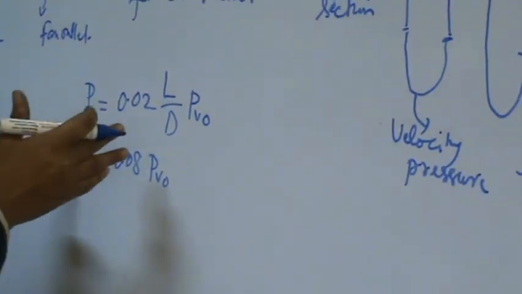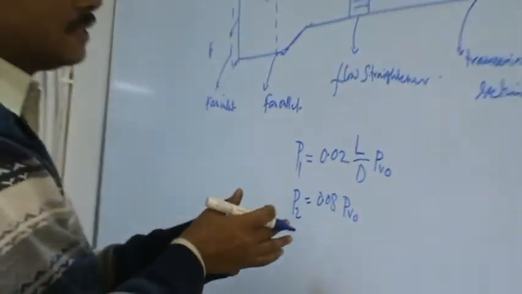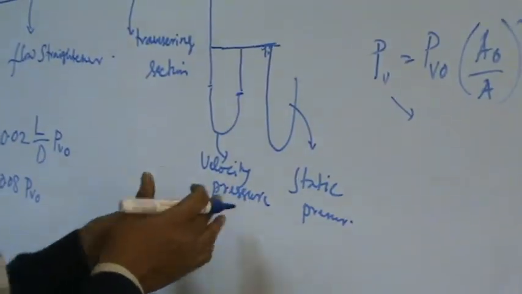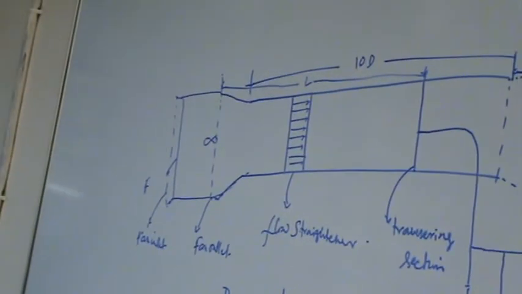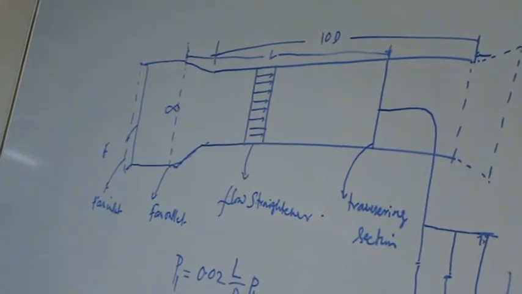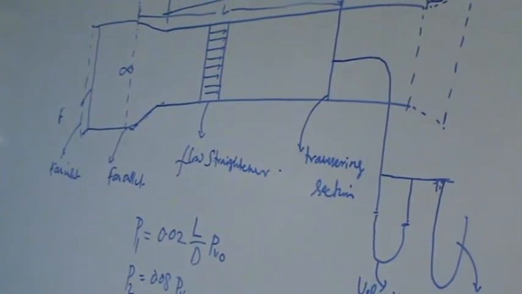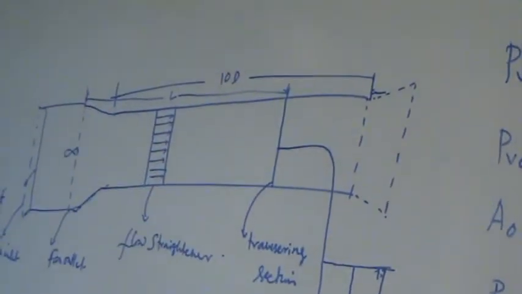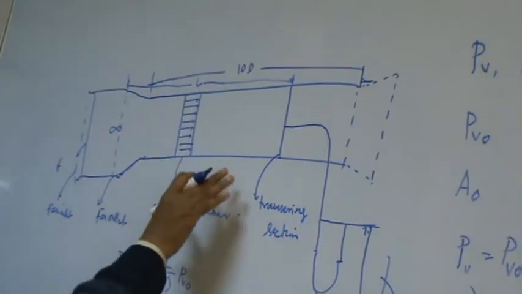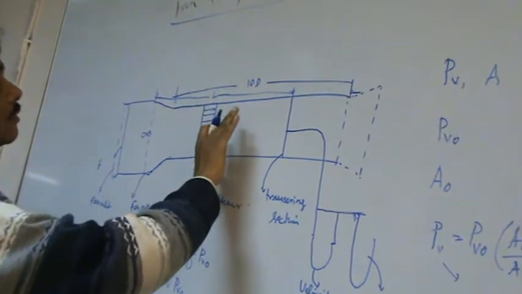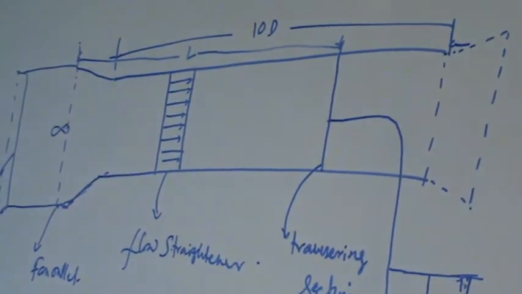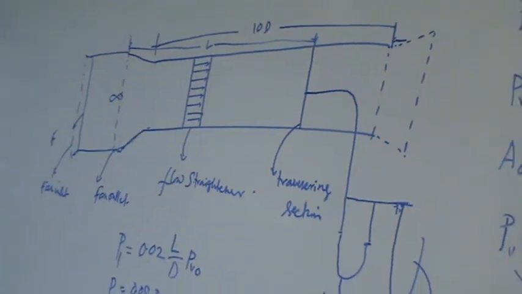Now these two pressure losses, if added to the static pressure and then the velocity pressure, then we can find out the fan total pressure. And if from the fan's total pressure we subtract the velocity pressure, then we can find out the fan static pressure.